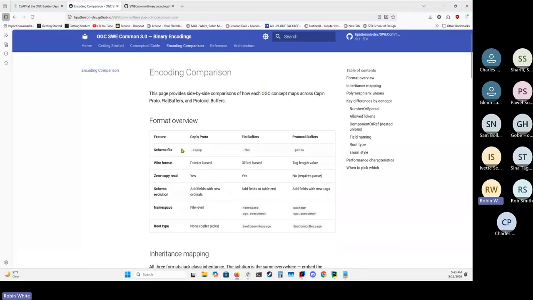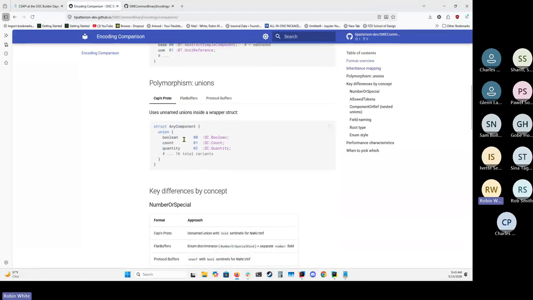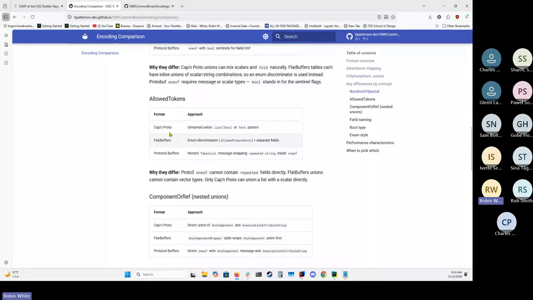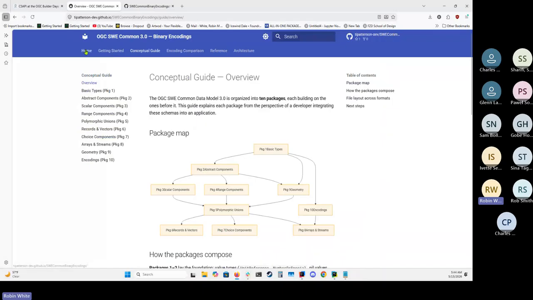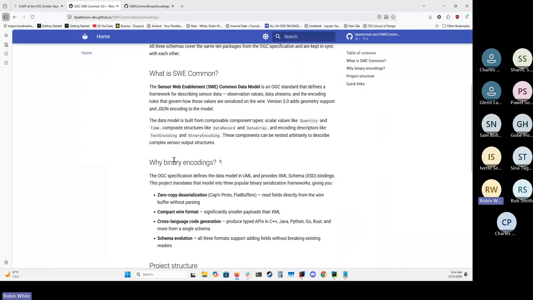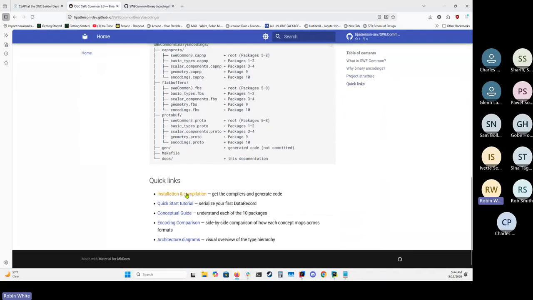It'll also have your encoding comparisons between those serialization options, and it goes into some of the core differences as well. It is a decent guide for what your cost benefit analysis for some of this is.